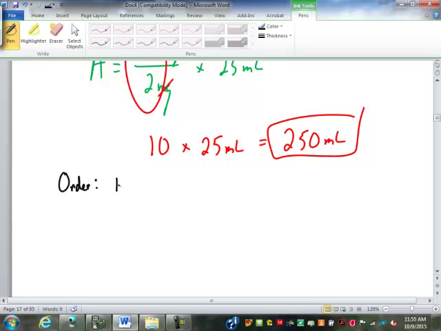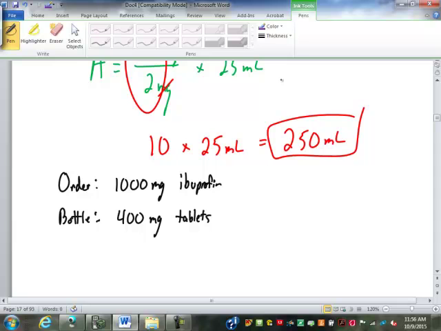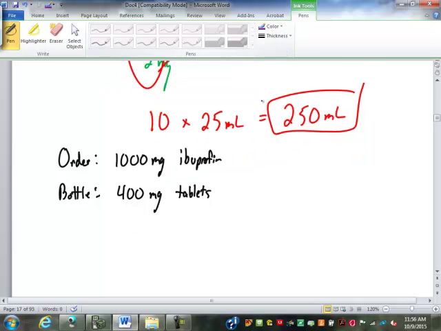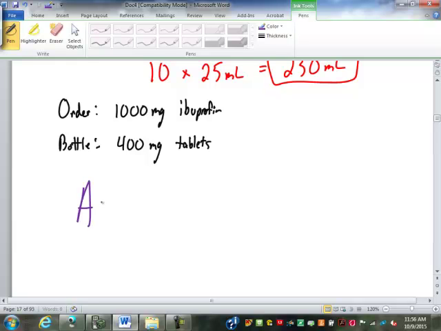So let's say we have a doctor that orders 1,000 milligrams of ibuprofen. Look at the label on the bottle, and the label says 400 milligram tablets. This example is why I'm not a big fan of the dosage calculation formula.